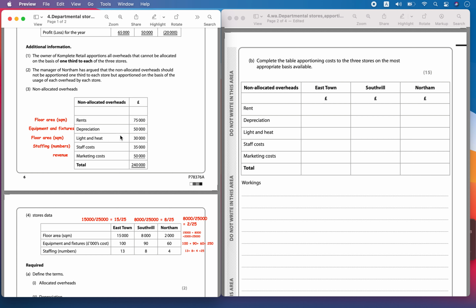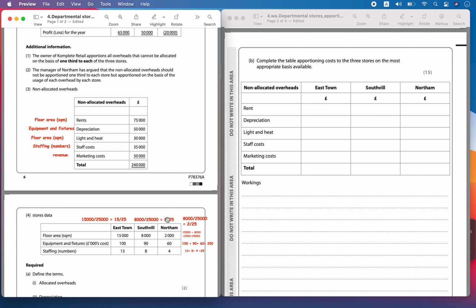Whenever they say to use the ratio to split the cost, I will use 15,000 divided by 25,000, so approximately 15 by 25 is the proportion of the total floor area occupied by East Town.